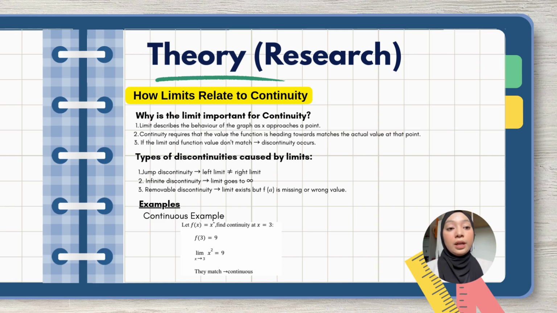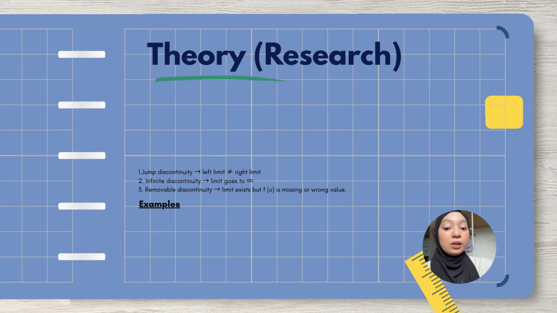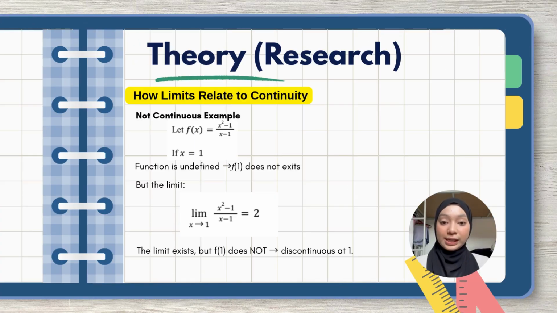For example, let f(x) equal x squared. Find continuity at x equal 3. f(3) equals 9, and the limit as x approaches 3 of x squared equals 9, so the function is continuous. Not continuous, for example: let f(x) equal x squared minus 1 over x minus 1.